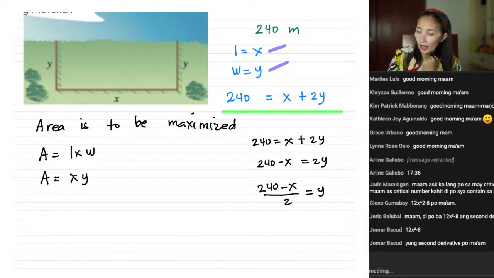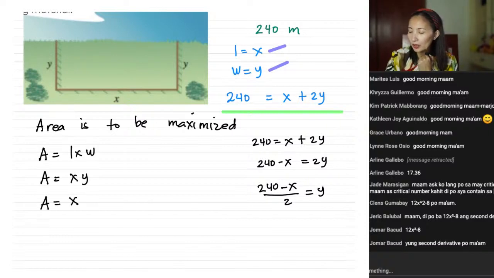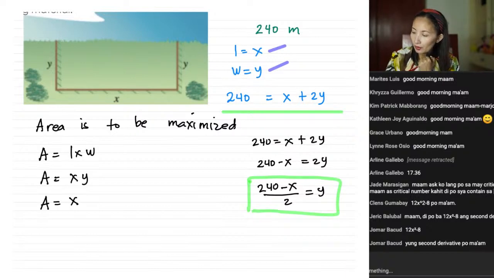So, in our area formula, I'm now going to express y in terms of x using this equation. Okay, from here. So, times, I'm not done yet, 240 minus x all over 2.